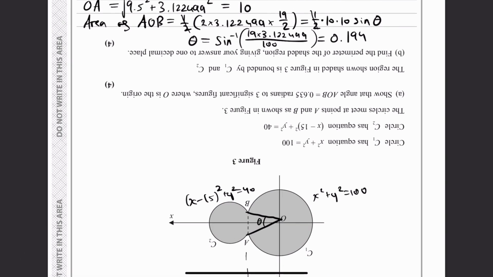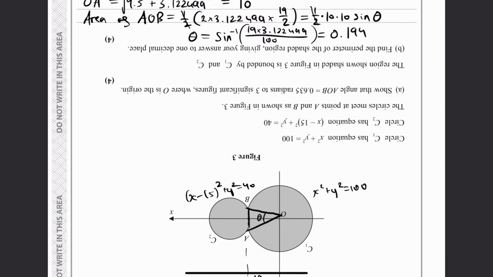1/2 AB sine C, okay, got that bit right. And we also wanted to work out the area of this. Height of that is just going to be 2 times the y, yep, times the height, which is 19 over 2, yeah.